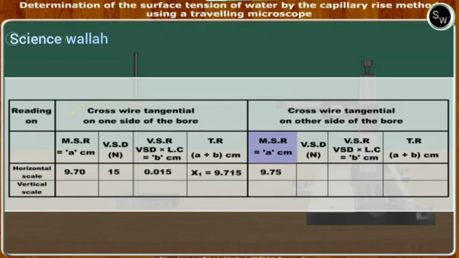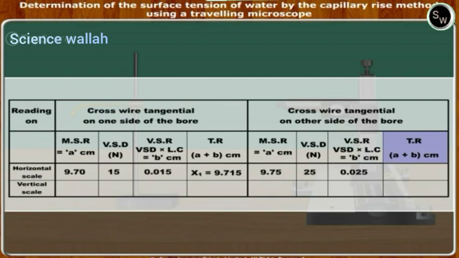A is 9.75, N is 25, B is equal to N into LC, which is 25 into 0.001, equal to 0.025 centimeter.